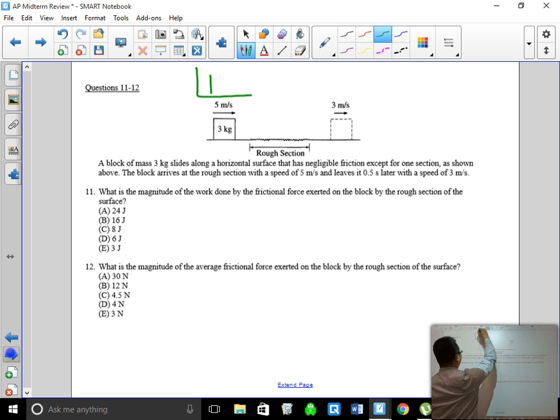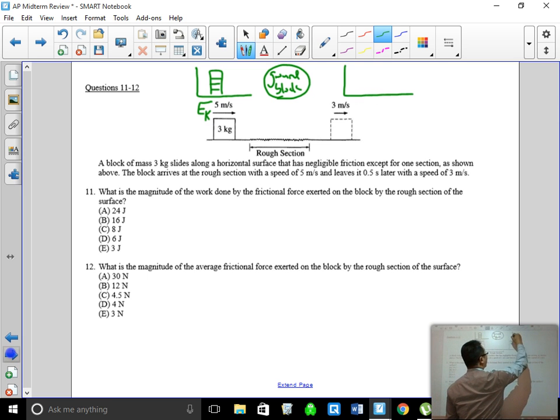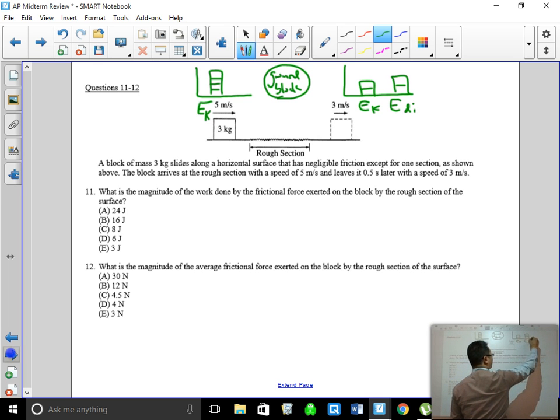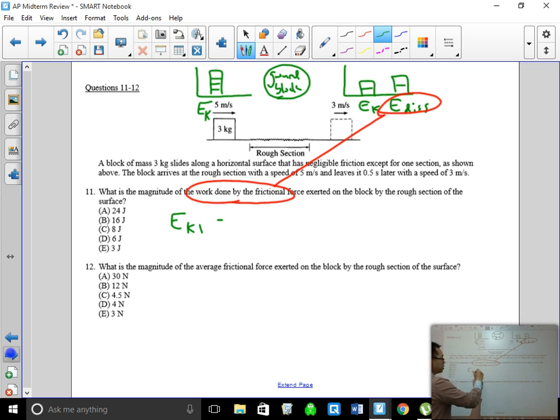We know that we have 4 bars of EK, and then because of the ground acting on the block, I end up with maybe only 2 bars of EK, but 2 bars of E dis. And E dis is basically the same thing as the work done by the frictional force. So I really end up with EK1 equal to EK2 plus E dis, which is the work of friction.